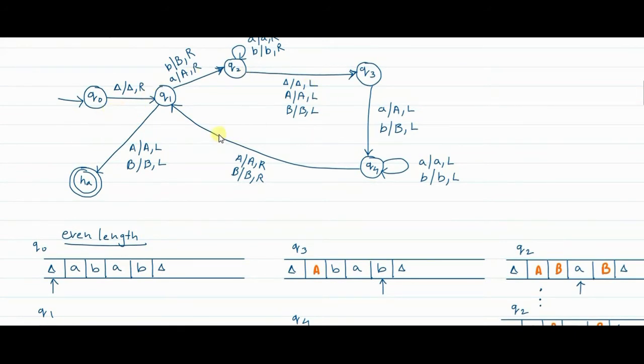This Turing machine is combined with the next Turing machine by connecting the halting state to the next machine, so that it no longer remains the halting state. It then becomes the initial state of the second machine. So in the second Turing machine, this HA will be removed, and in place of HA we will call this Q5, because up to Q4 the states are there. So this will be called Q5.